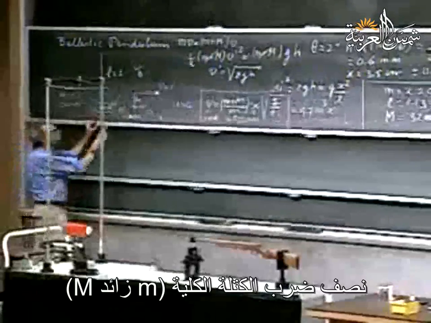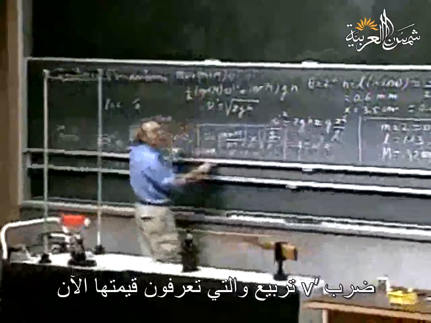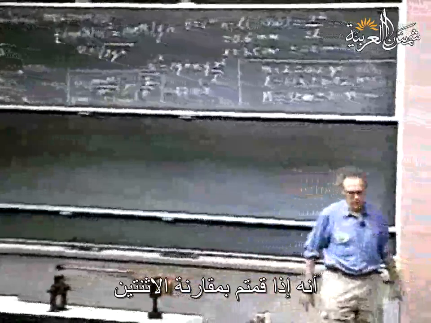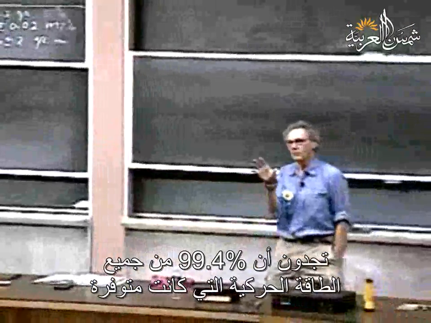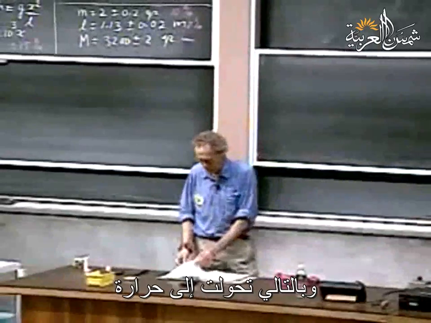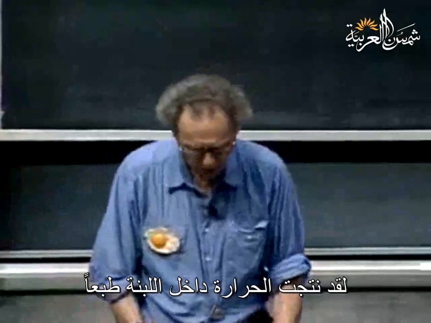That's 1/2 times the total mass, m plus M, times v prime squared, which you also know now. And so you will see then, perhaps to your surprise, that if you compare the two, 99.94% of all available kinetic energy before the collision was destroyed and therefore was converted to heat. That happened, of course, the heat was produced in that block.